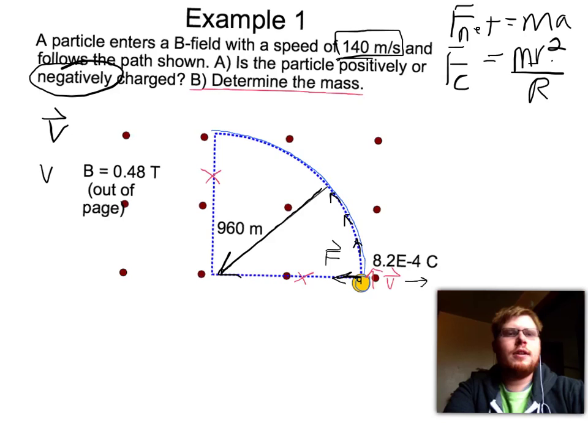So let's try it. Let's do Fc equals mv squared over r. We need to know the velocity, check. We need to know the radius, check. And we need to know the strength of the force, which we don't know.